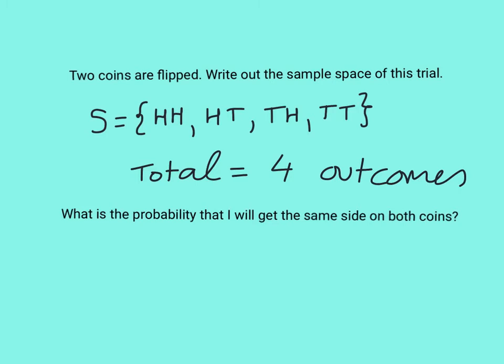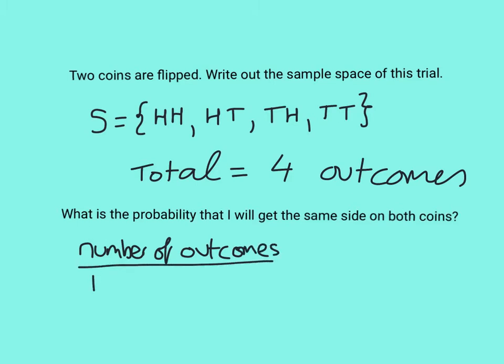And then the question here, what is the probability that we get the same side on both coins? So what I need to do here is I need to get the number of outcomes. You can take this down. This is for probability: the number of outcomes over the total outcomes.